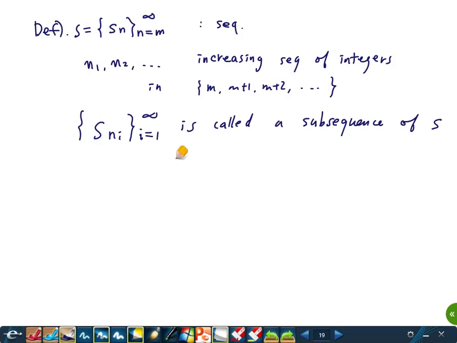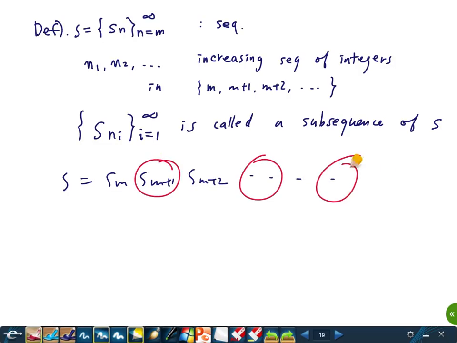You have a sequence, a list of objects like S_m, S_{m+1}, S_{m+2}, etc. A subsequence means you just select some of them as you wish, but they must be in the same order as in the original sequence. That is a subsequence. Basically, that's what this means.